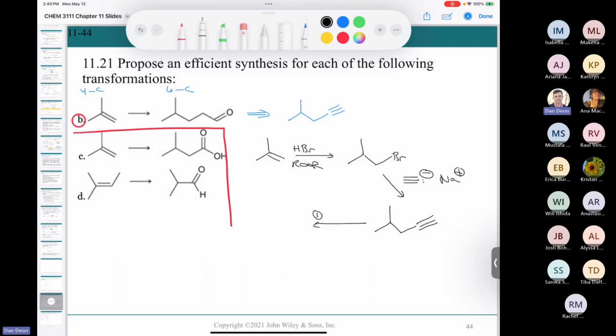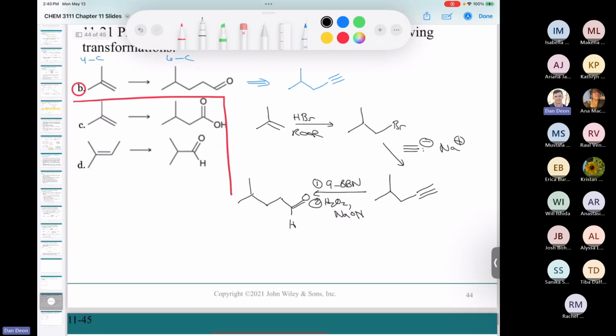Must be 9-BBN, right? So 9-BBN followed by H2O2 and sodium hydroxide, and that is going to give me the final product, 1, 2, 3, 4, 5, 6. And there you go. You end up with the aldehyde like that.